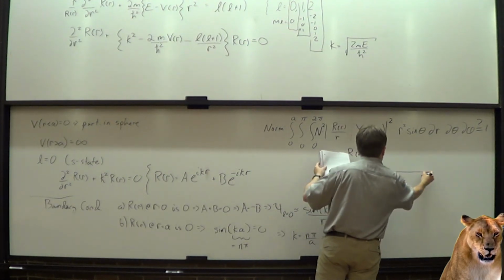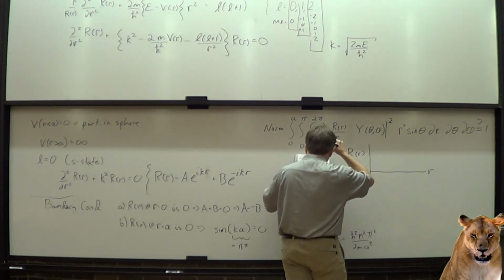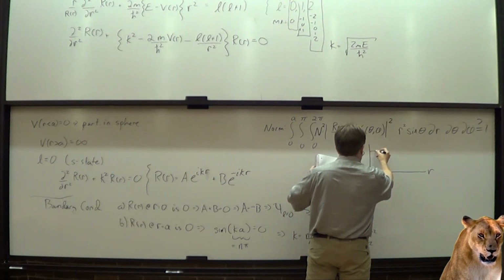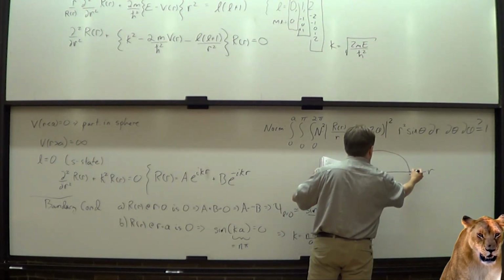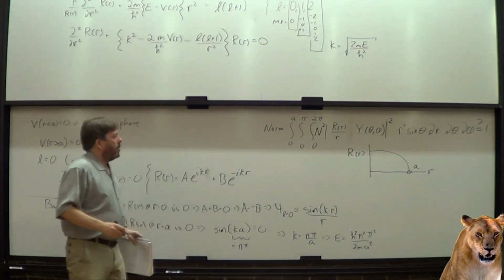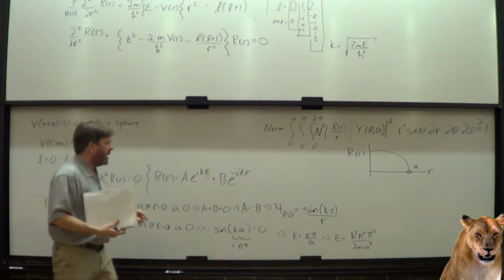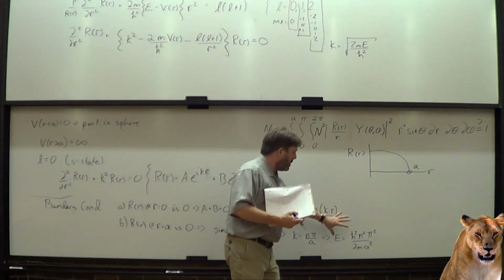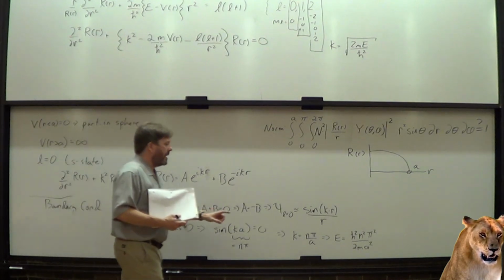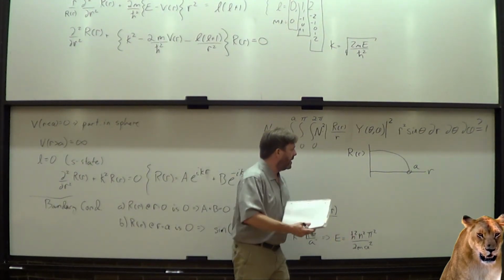So I'm going to look at the L equals 0 solution, and remember I've got to make this stop at a. Remember that what I've done here is for L equals 0. But notice that I've got a radial quantum number.